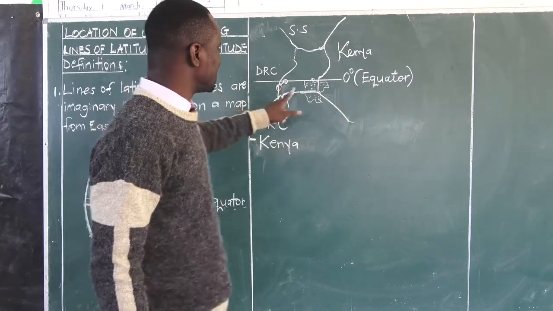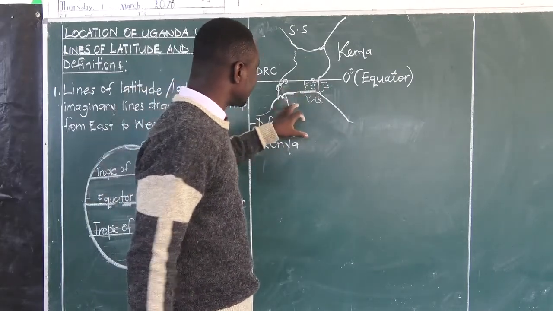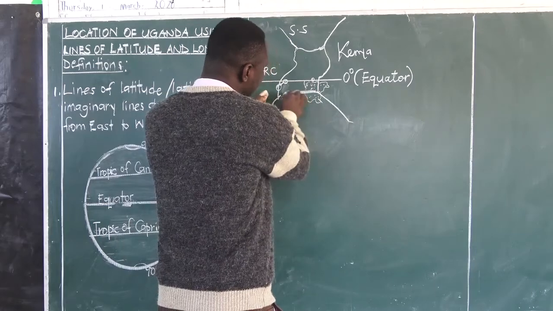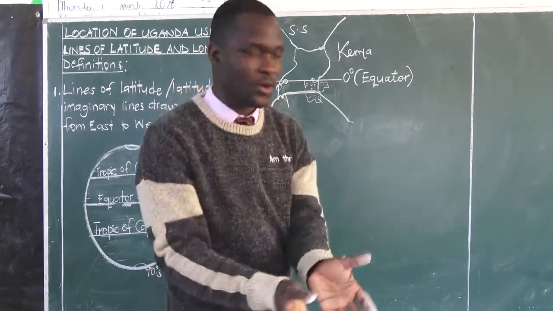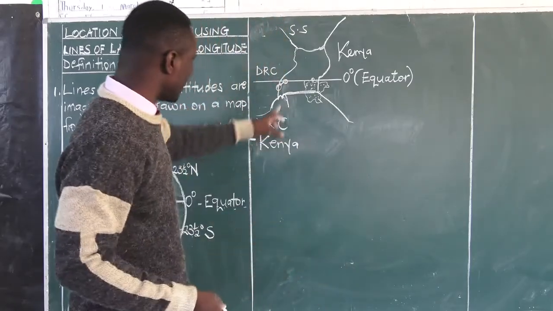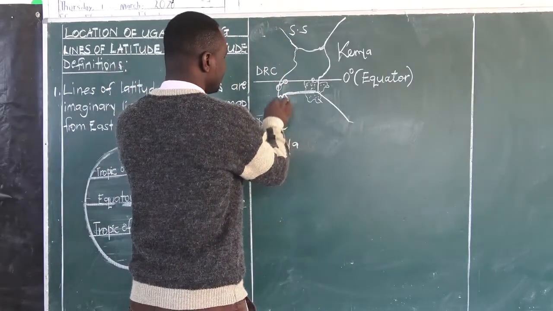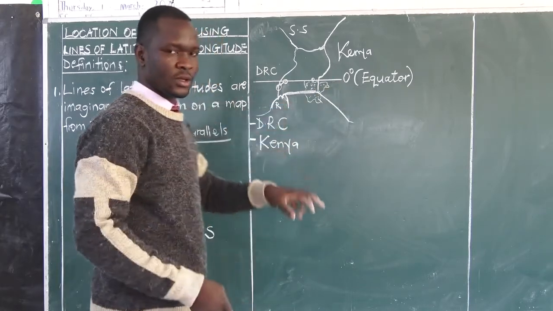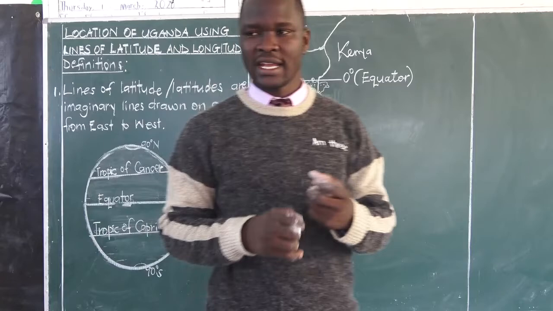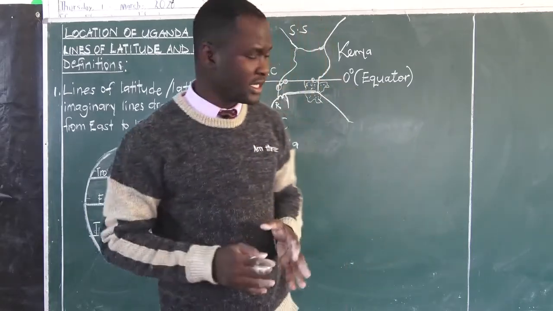Then we continue. We have Tanzania. Tanzania is here. Is Tanzania also crossed by the equator? The answer is no. Rwanda is here, bordering Uganda. It's fine, but is it crossed by the equator? No. Which means we are moving to understand something else, which is very important.